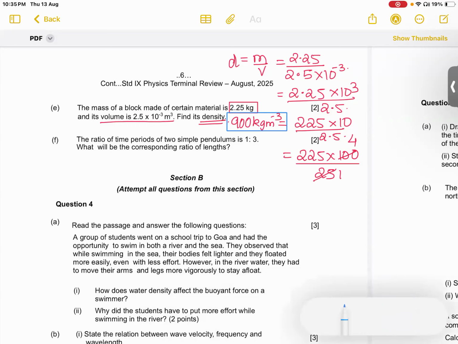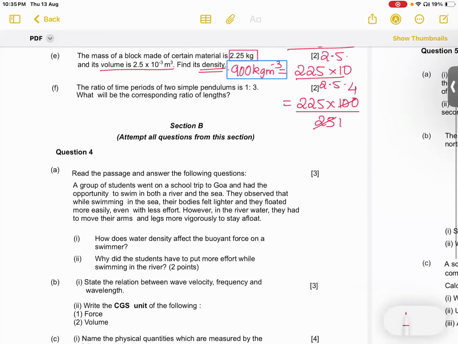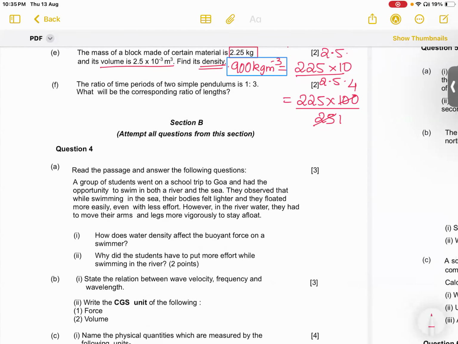Okay, let's take the next question, boys and girls. The ratio of time periods is given to us. We need to calculate the ratio of the lengths. So we will write here, since T is directly proportional to root of L, therefore T1 upon T2 is equal to square root of L1 upon L2, students.